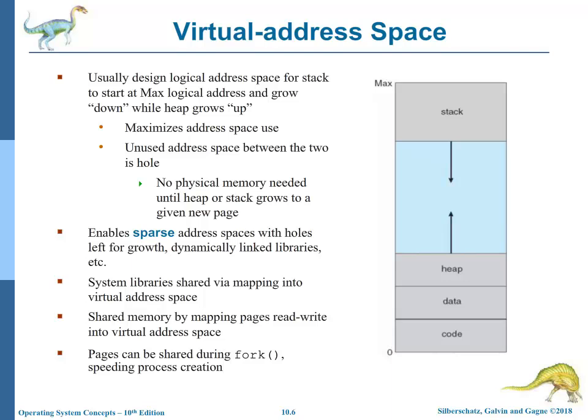Recall from the previous chapter that physical memory is organized in page frames, and that the physical page frames assigned to a process may not be contiguous. It is up to the Memory Management Unit, MMU, to map logical pages to physical page frames in memory.